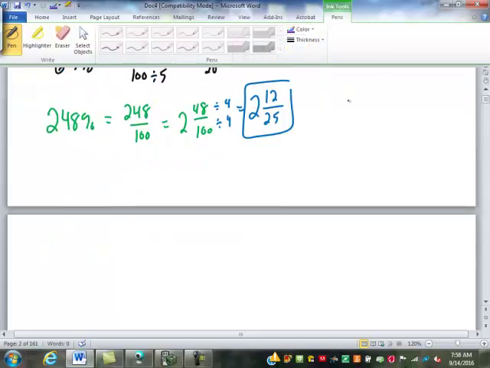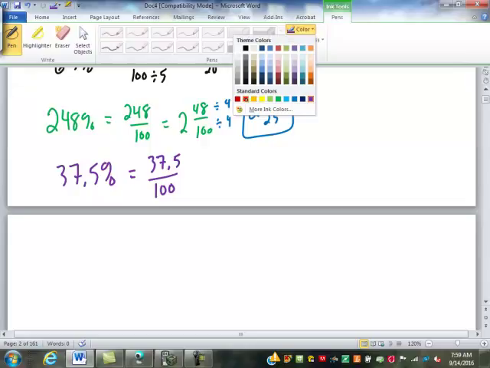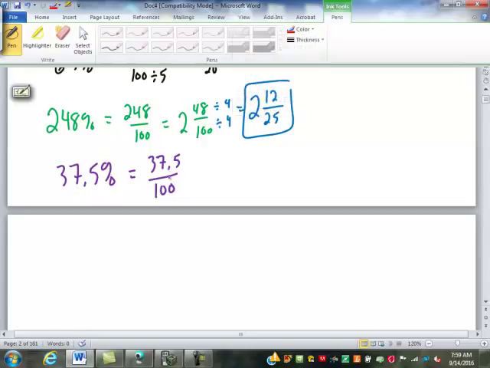How about 37.5%? What's that going to become? Well, it's 37.5 over 100. Always out of 100, right? But I don't like having a decimal within my fraction.